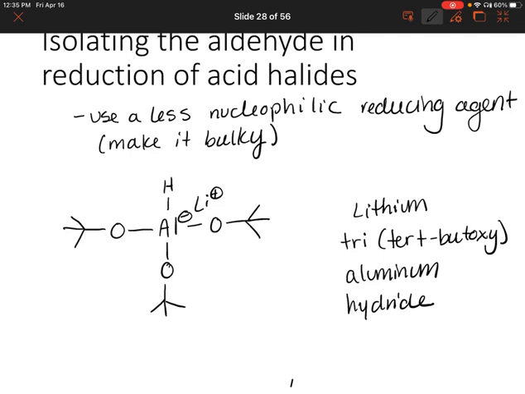But we can write this as LiAl, and then in parentheses we'll write OR, close parentheses, subscript 3 for those tert-butoxy groups, and then we have a hydrogen. Now, because this is so much bulkier than lithium aluminum hydride, this is only going to reduce our acid chloride once. So we're going to stop the reaction at the aldehyde.